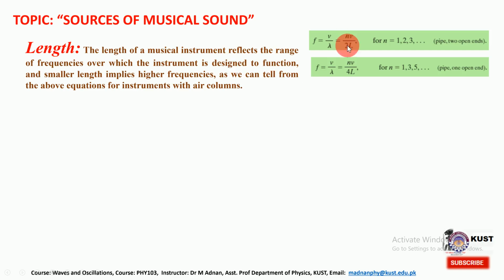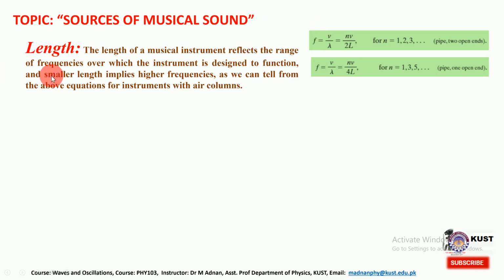You see, if this L is small, that means it is designed for smaller frequencies. If L is large, then, if all the parameters are the same, for the given overtones, if L1 is small and L2 is large, for the larger instrument which is made large, the frequencies will be smaller.